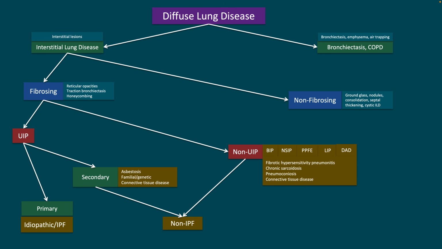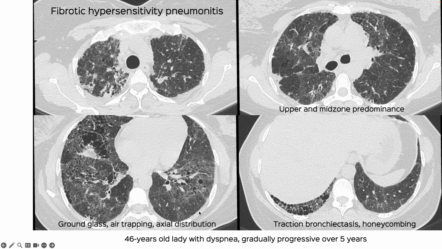Then we have the non-UIP patterns, where we have a whole bunch of acronyms here, such as bronchiolocentric interstitial pneumonia, non-specific interstitial pneumonia, PPFE, LIP, DAD, all of which may be due to these conditions, but basically are non-IPF entities.